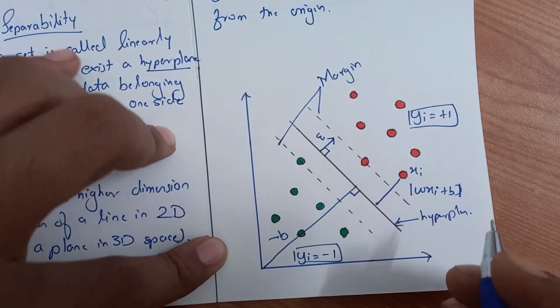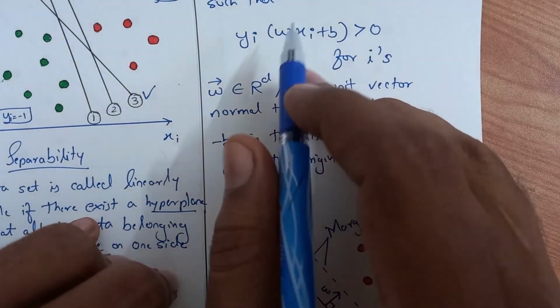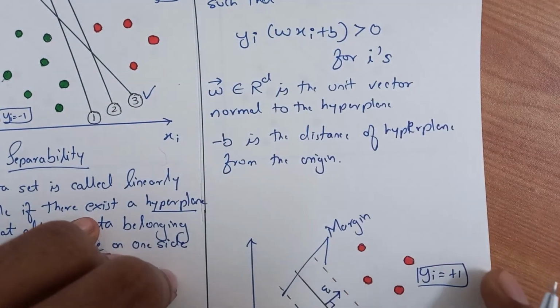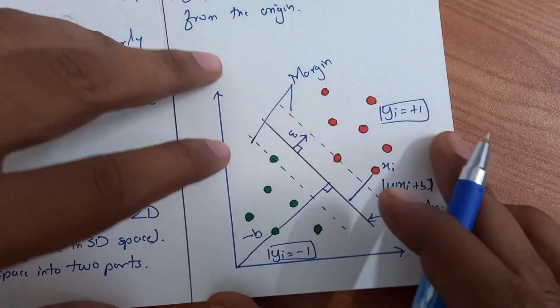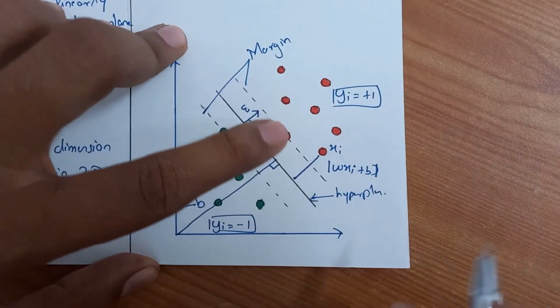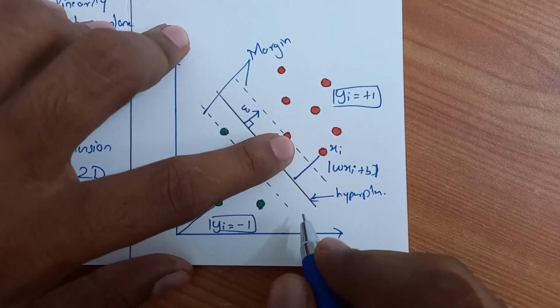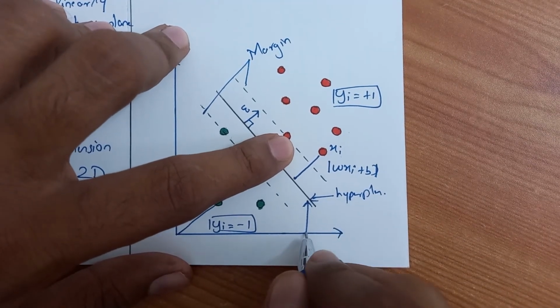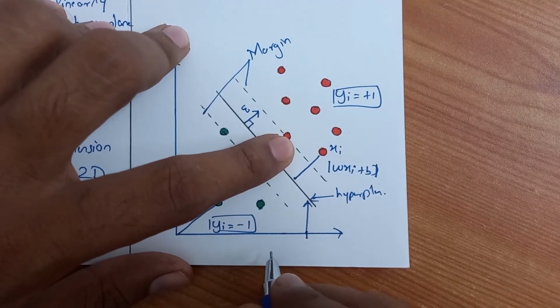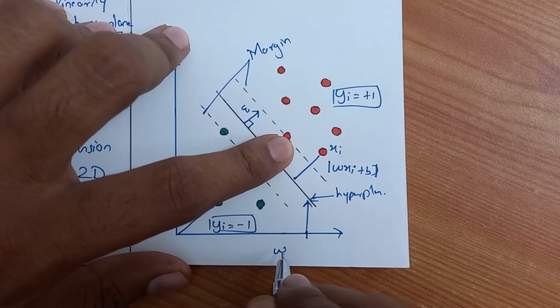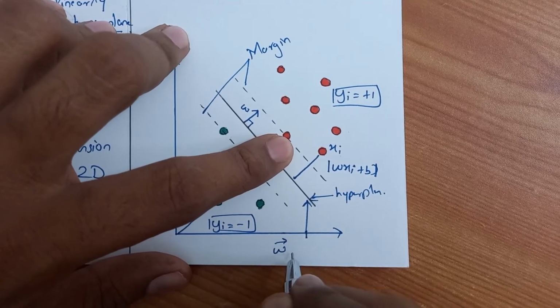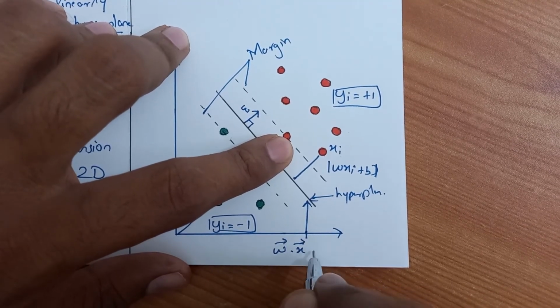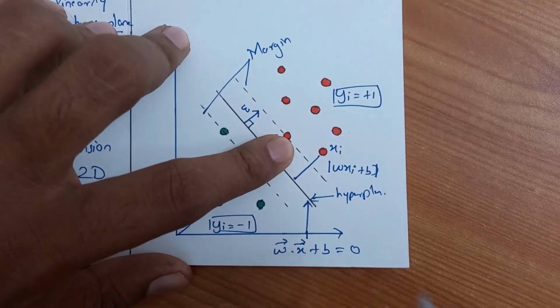When I say something like this, you will also understand that it satisfies the condition. I'll show you, but please try to focus here. First, we have to come up with this particular plane equation, which can be expressed in the form of W vector into X plus B equal to 0.